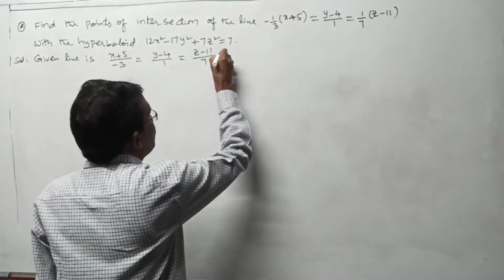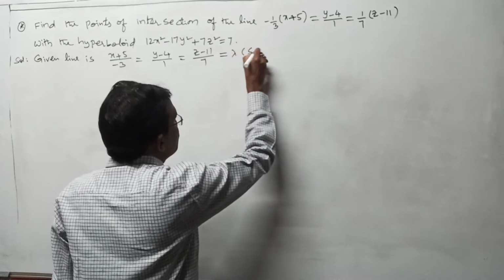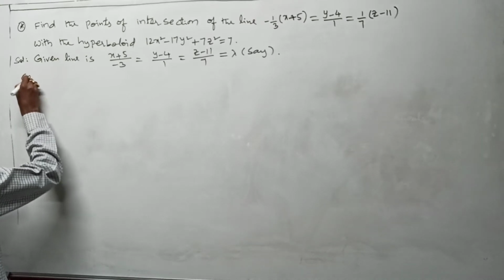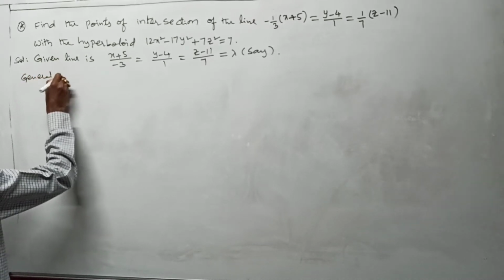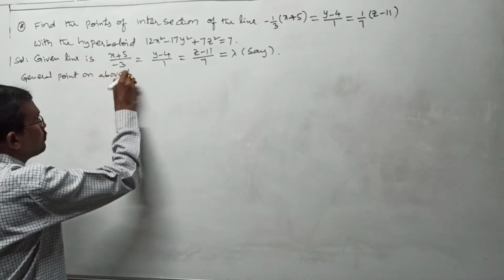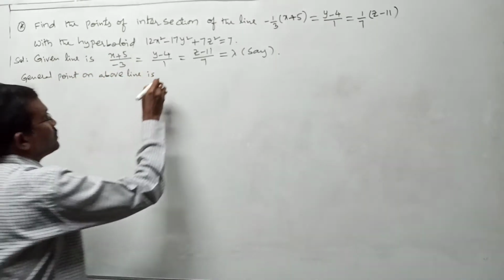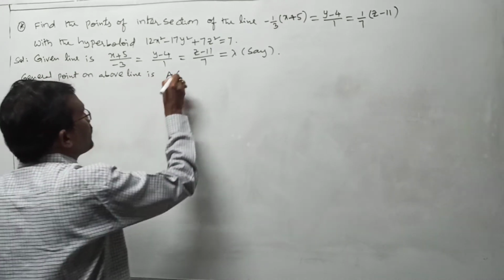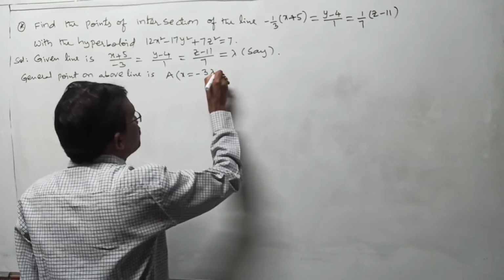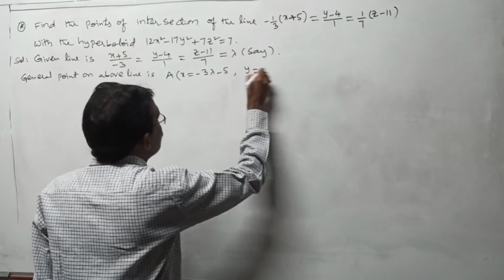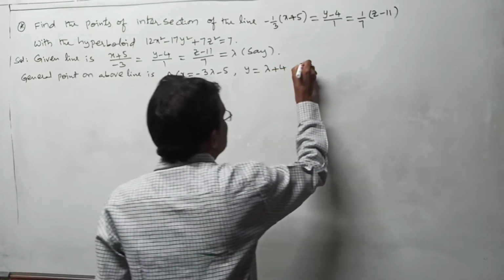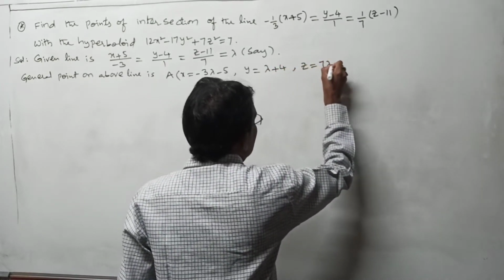To define a general point here, let this be equal to λ. General point on the above line, let us denote with capital A, is x = −3λ − 5, y = λ + 4, z = 7λ + 11.